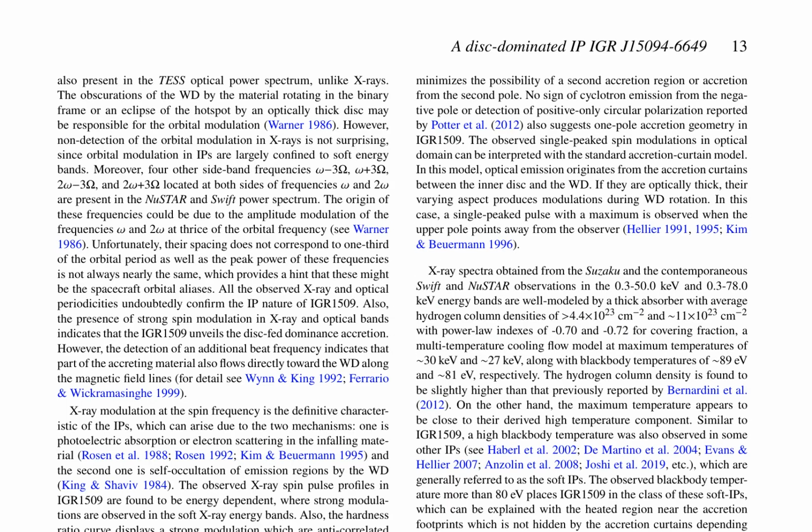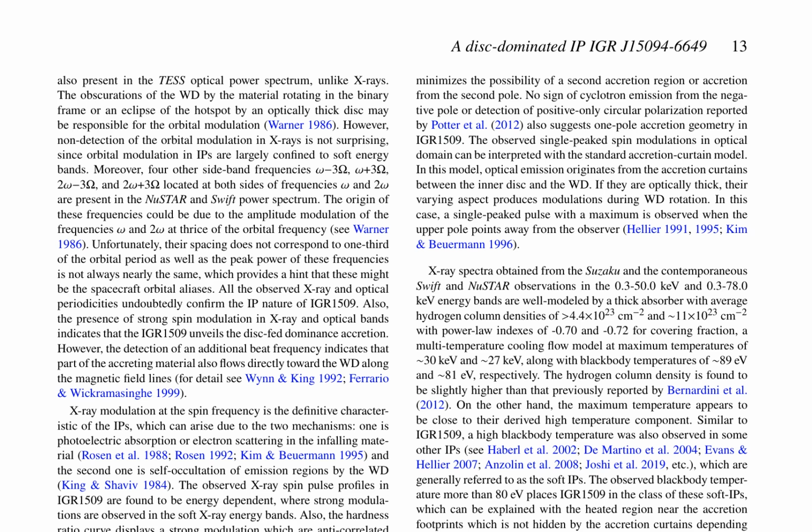In the realm of X-ray astronomy, the intermediate polar (IP) IGR J15094-6649 has been subject to a comprehensive investigation. This study delves into its X-ray and optical power spectra, revealing strong spin modulations indicative of a disk-fed accretion process.